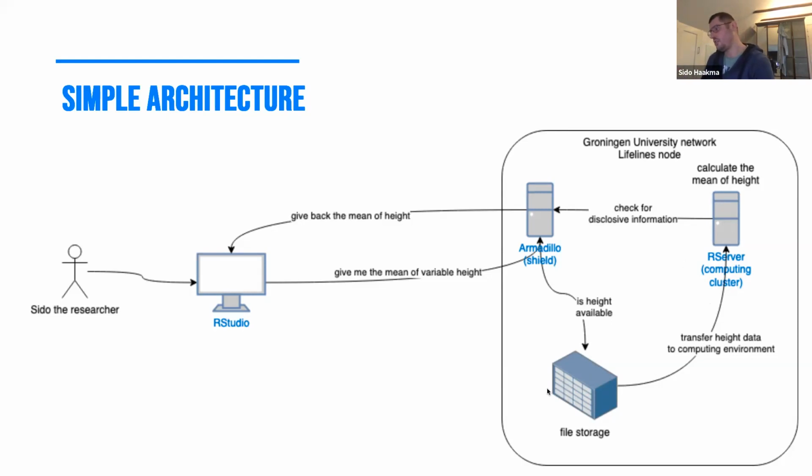So that's why we chose a file storage approach instead of having another backend as a source for your data. We try to make it as simple and as efficient as possible to expose the DataSHIELD interface. So that's what the simple architecture is about.